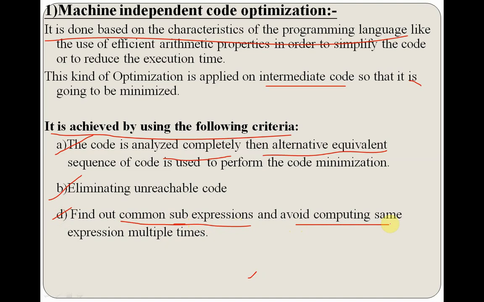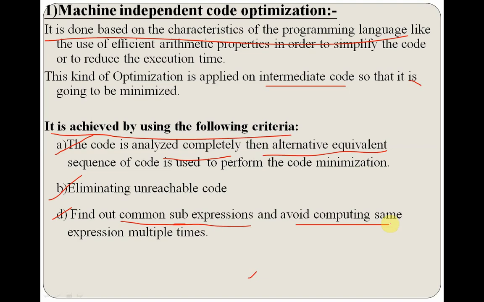So the same expression is available, suppose, a number of times in the code, and when I compute the expression I will get the same result, because the operand values of that expression are not changed since the last application of the expression.